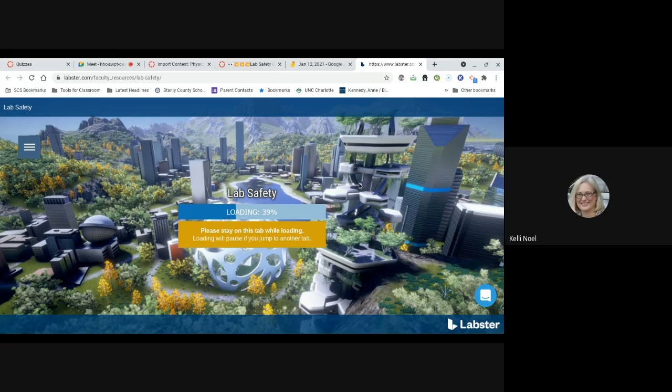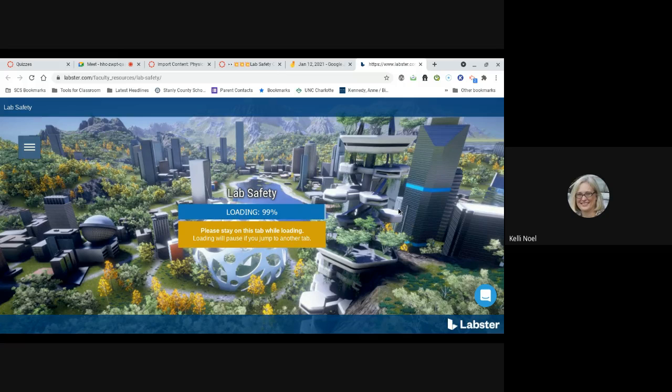There we go. You just have to be patient. This is the one thing the guy said: the loading is the slow part. But once it loads, usually it's pretty good, but it takes a while to get the whole simulation loaded.